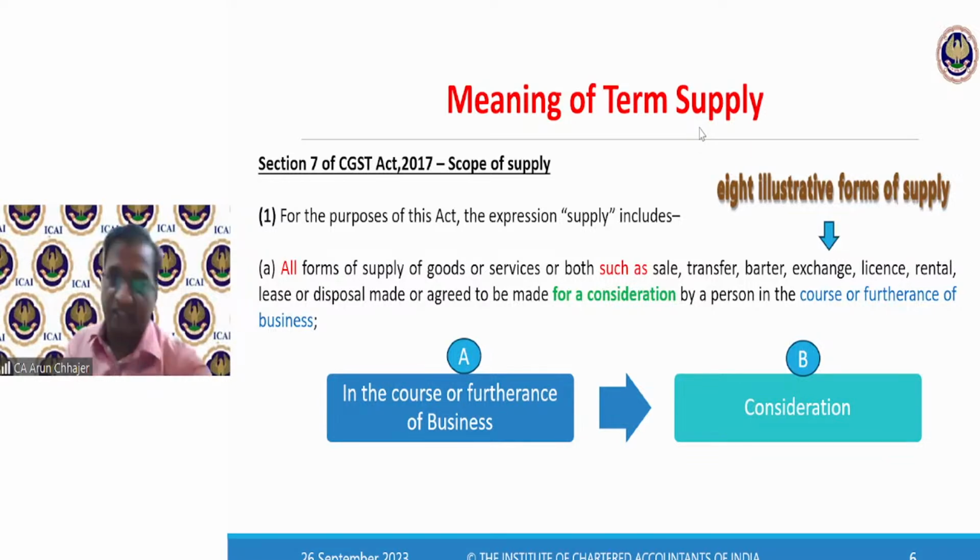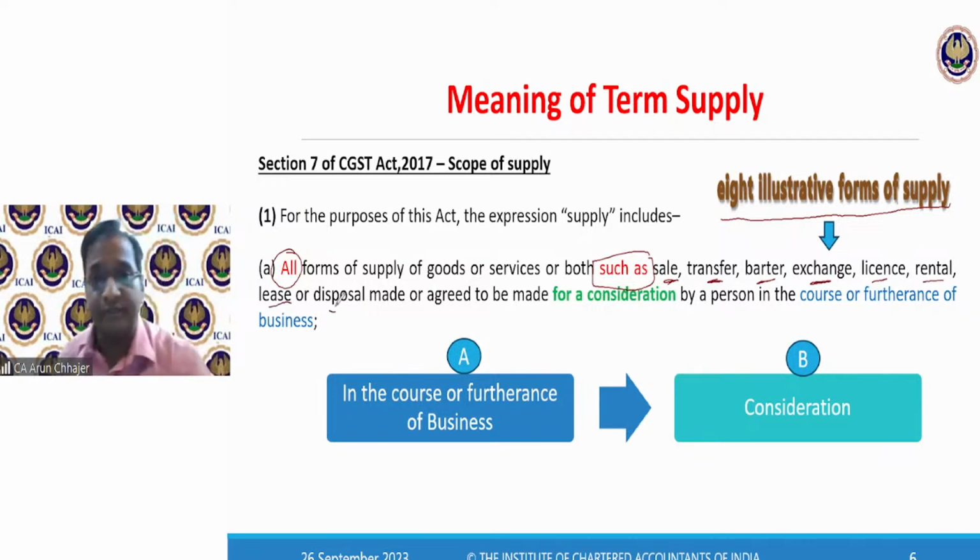Now the supply includes clause A, clause double A, clause B, and clause C. Let's read clause A. Clause A says all forms of supply of goods or services or both, such as sale, transfer, barter, exchange, license, rental, lease, or disposal.